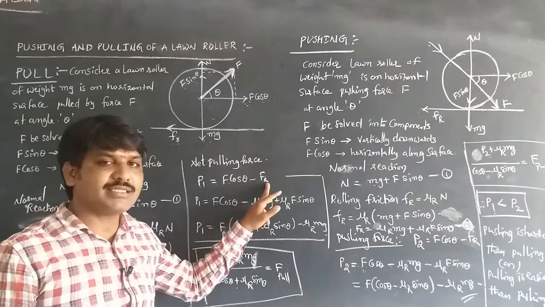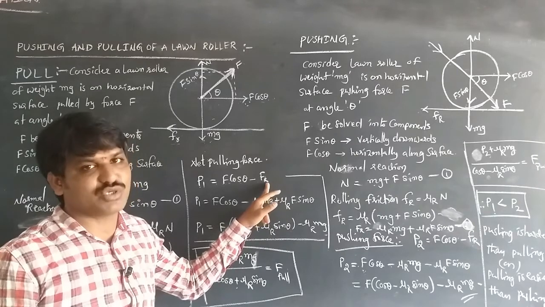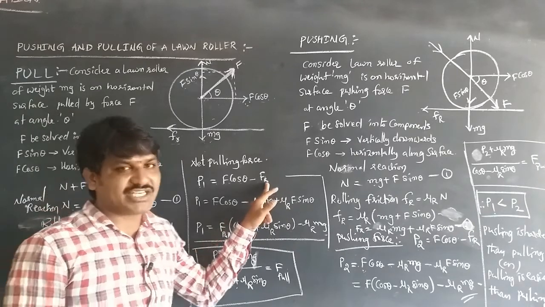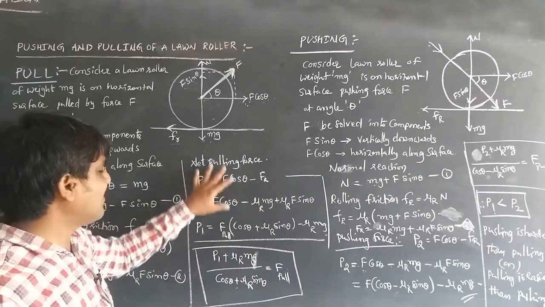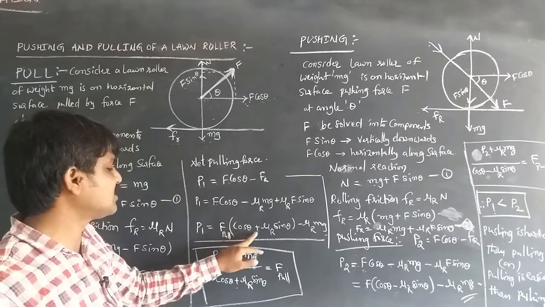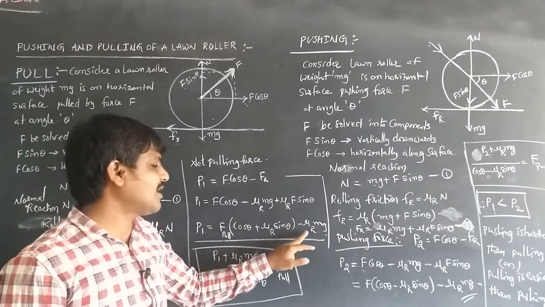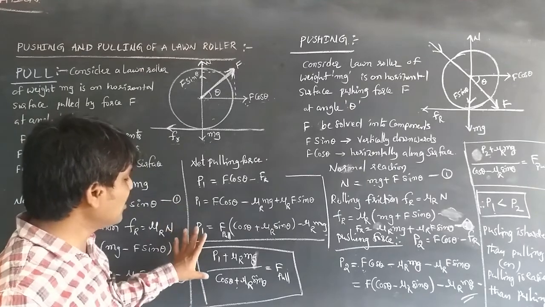Then only we get the extra force more than the rolling friction, used to move the body in the direction of F cos theta. By substituting the value, we get P1 is equal to F cos theta plus mu r F sin theta minus mu r mg. That will be the equation for pulling.